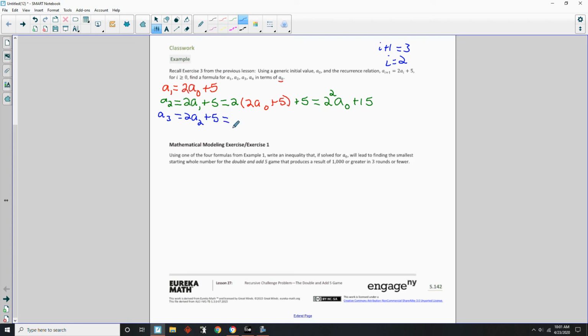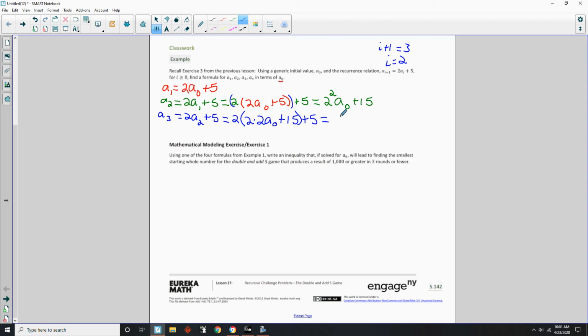Well, that's going to equal 2 times a sub 2, which is this, so it's going to be 2 times 2 squared a sub 0 plus 15, and then plus 5 after.